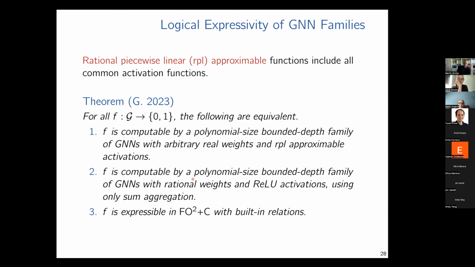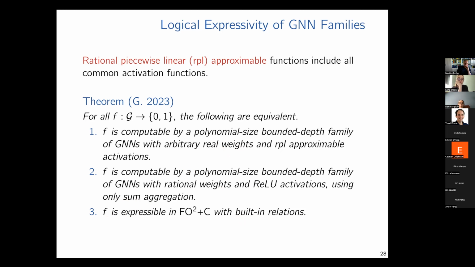The same function is also computable by a polynomial size, bounded depth family of GNNs with rational weights and just using ReLU as activations and only using summation as aggregation. Okay. And the third is F is expressible in this two-variable fragment of the counting logic. But now here we have this non-uniformity. We look at families, non-uniform families of graph neural networks. So we need built-in relations.